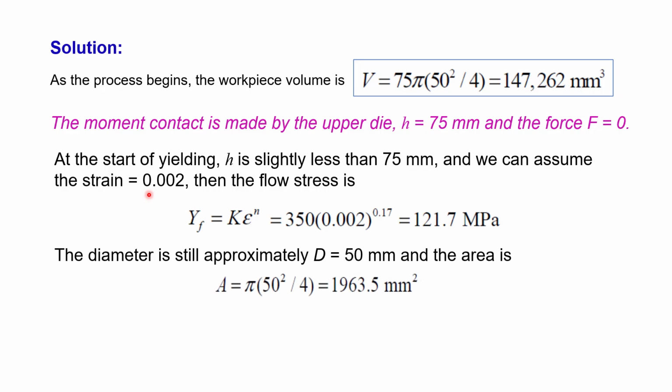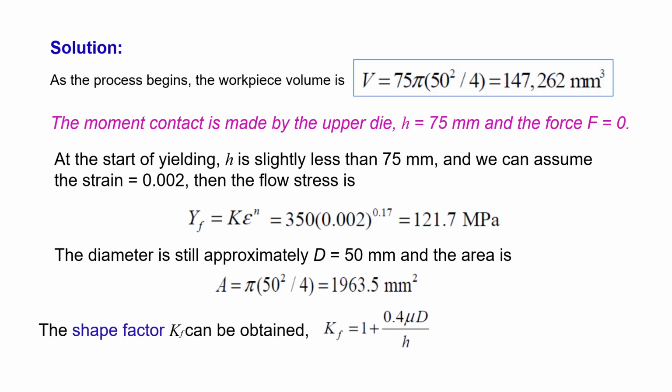Next step, I can calculate the area, which is the same area. We didn't change anything yet at the 75 millimeters. So the area is equal to diameter squared divided by 4 multiplied by pi, and this will be 1963.5 square millimeters. Calculate the shear factor.